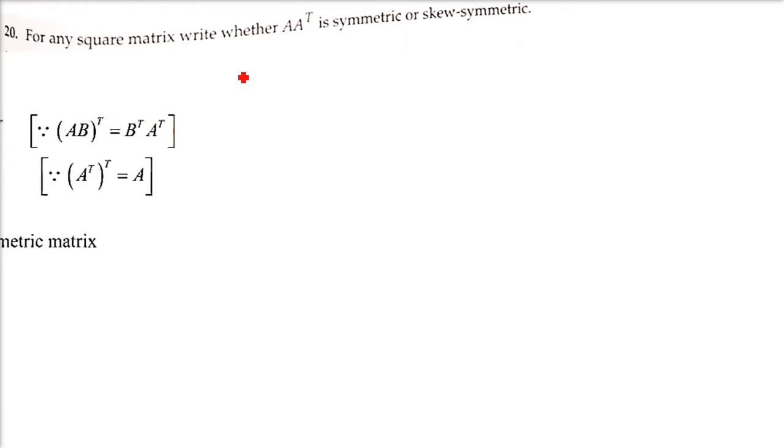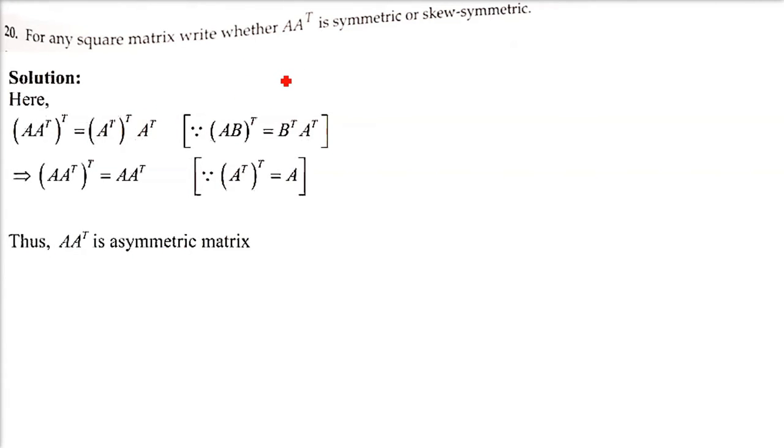For any square matrix, write whether A into A transpose is symmetric or skew symmetric. So we have just seen, now we will use this AAT. That is, A into A transpose is the matrix which we have to tell whether it is symmetric or skew symmetric.